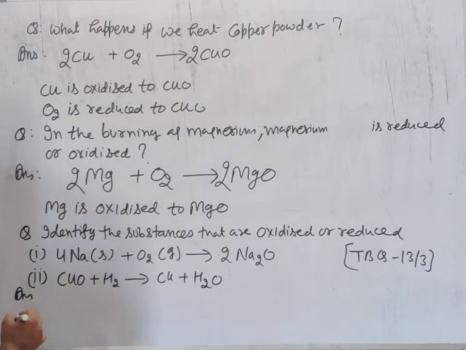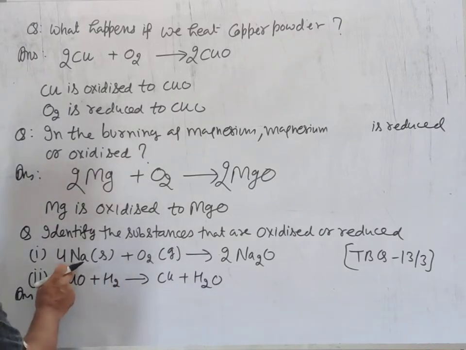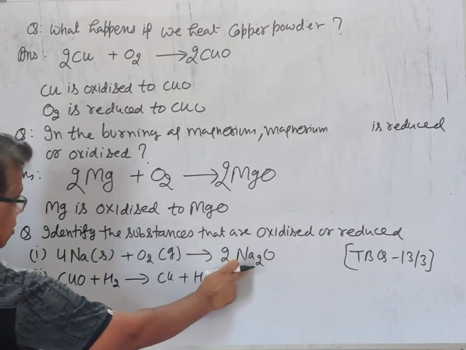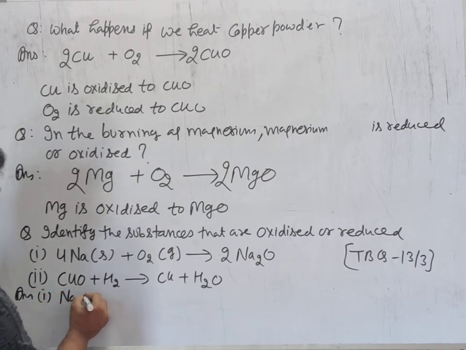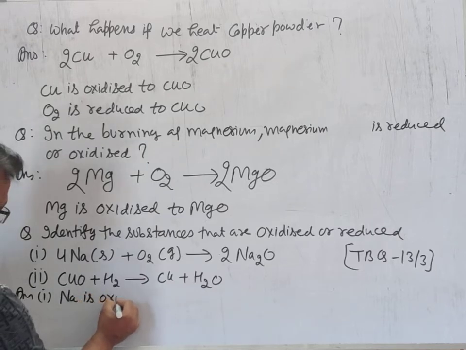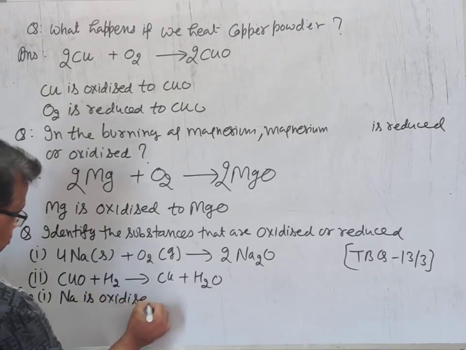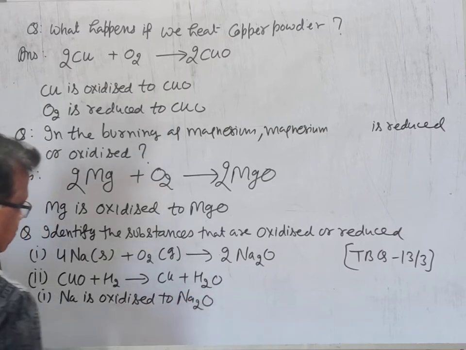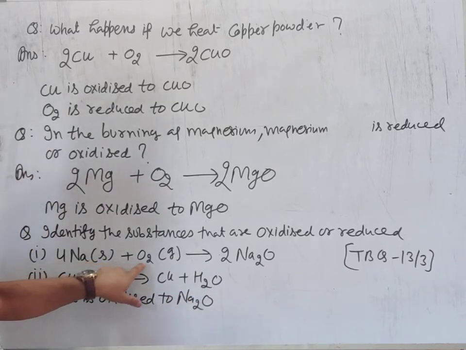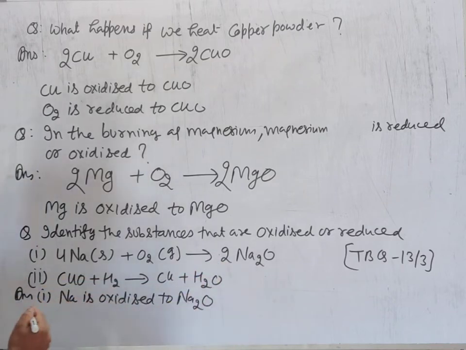The answer is here: Na is oxidized to Na2O, and as I told, O2 is reduced to Na2O, but it is not in your book.